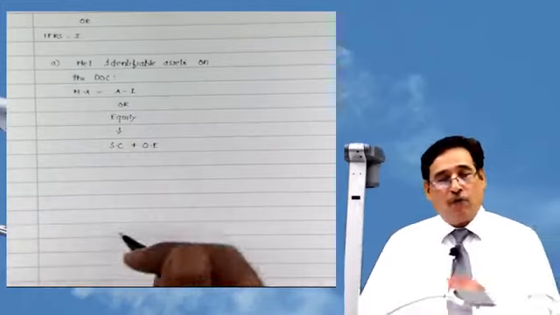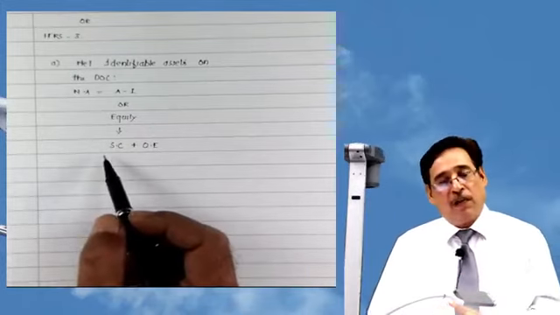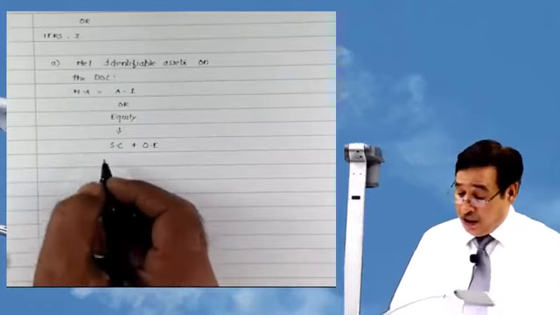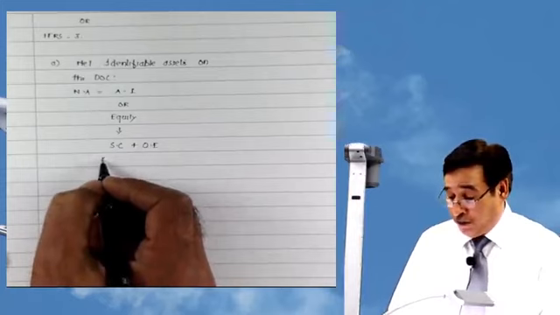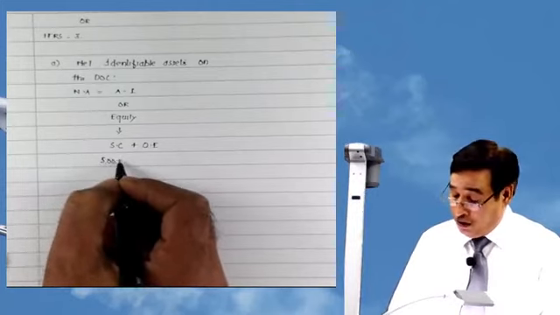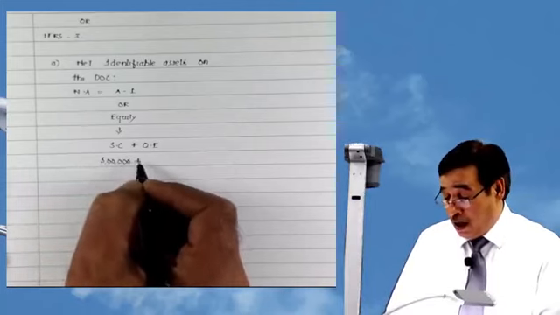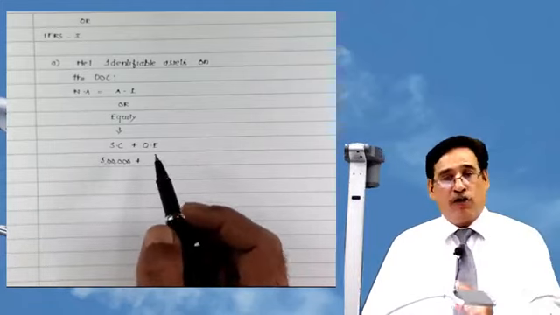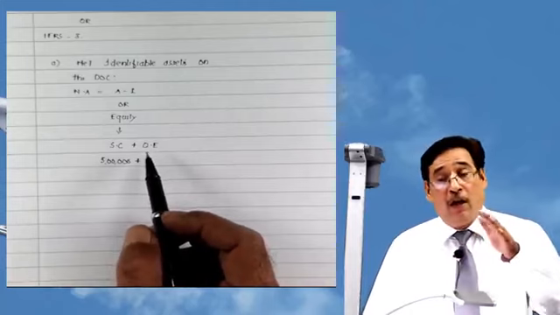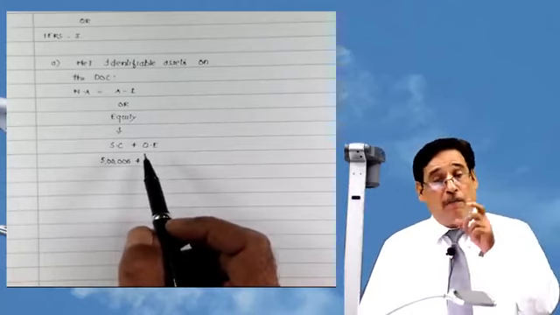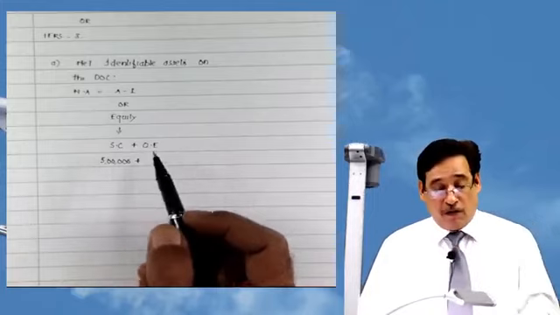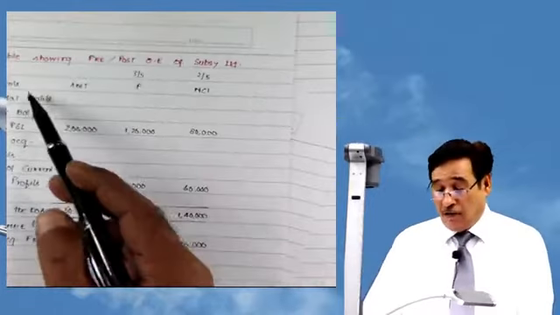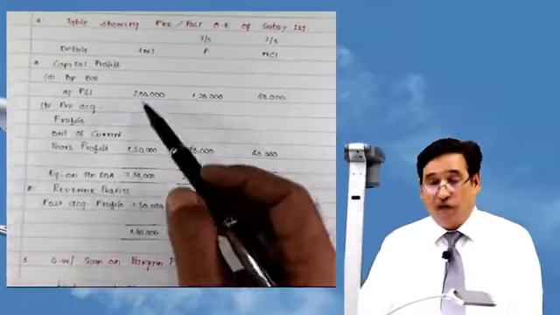In fact, here the date of acquisition is 30th of September. So you presume that share capital on the date of acquisition was the same as it is on the last day. So share capital on 30th September 2020 is 5 lakh. And we also know the equity on the date of acquisition. I'm not talking about equity in the beginning. I'm talking about the balance of equity on the date of acquisition, which you can have a look at over here, in the table you framed out actually.